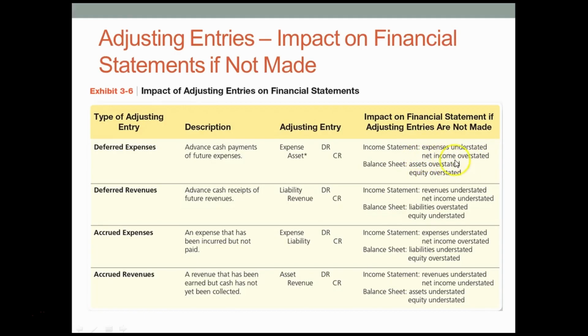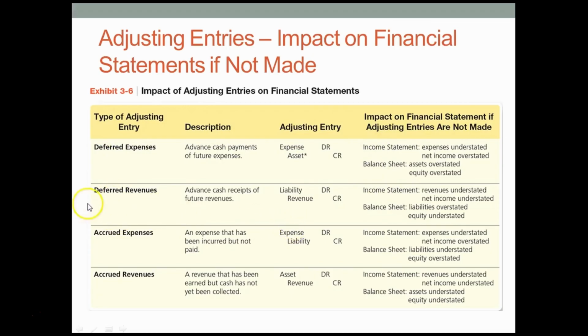So if your net income is going to be overstated, you'll have too much ending balance retained earnings, and therefore your equity will also be overstated. So that is the impact of not doing deferred expenses on your financial statements.